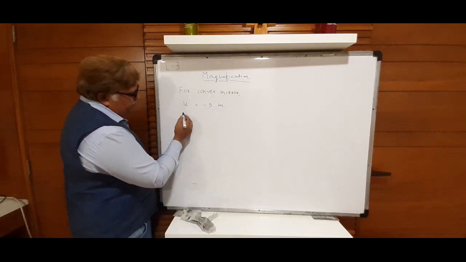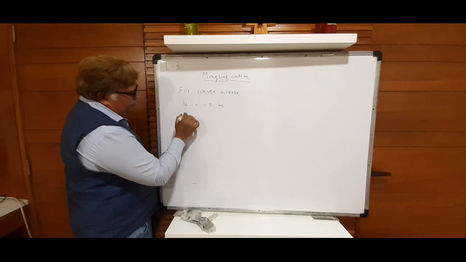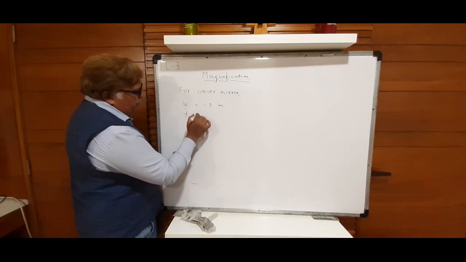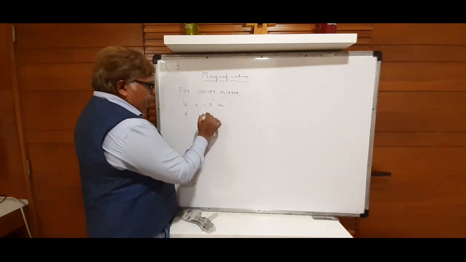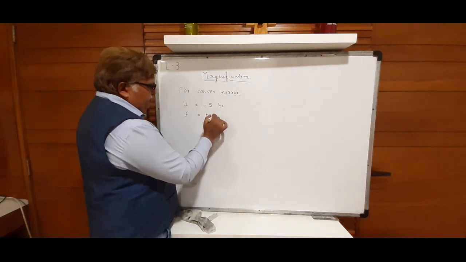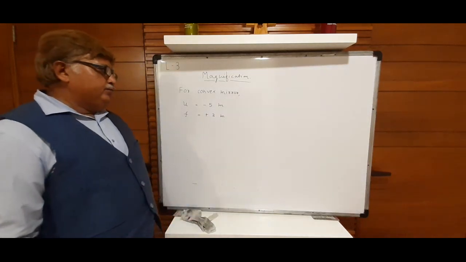Then let us write the focal length. Because it is a convex mirror, focal length is always taken as positive, that is plus 3. Why plus 3?